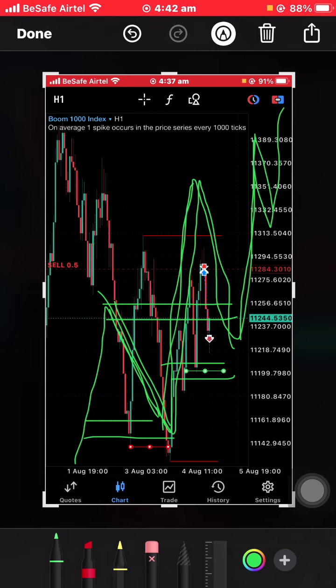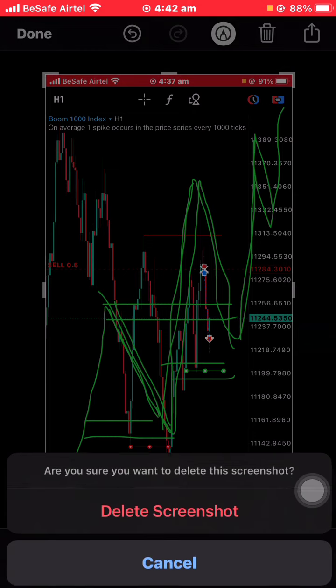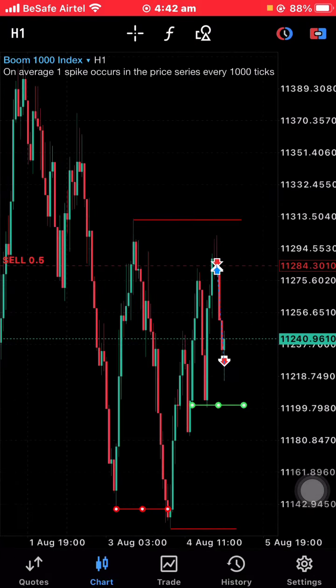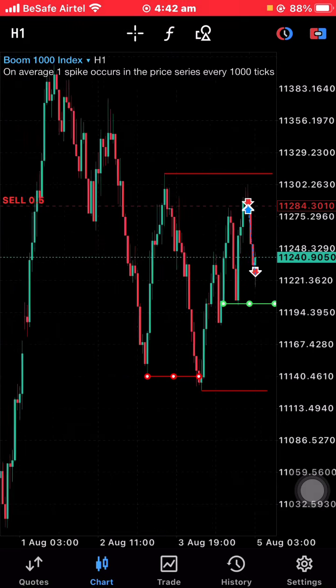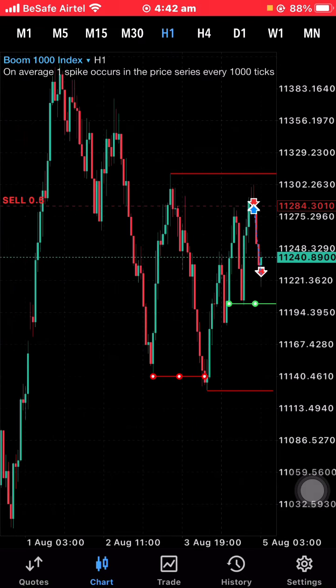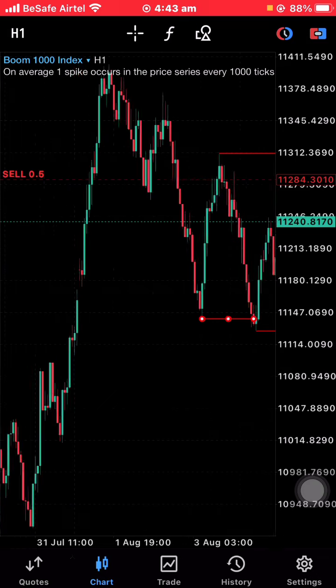Now a very simple way, let's go back to the chart. A very simple way to identify the trend of the market is by going to a higher time frame. Okay, when you're in a higher time frame, such as the daily time frame, weekly time frame, and the 4 hours time frame, you'll be able to identify the trend of the market.